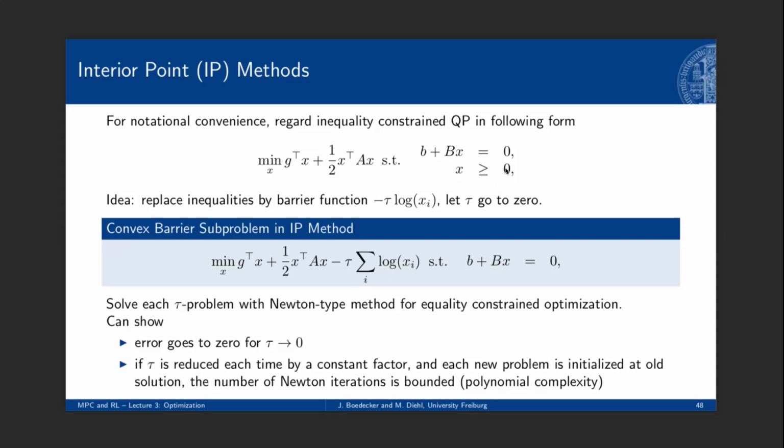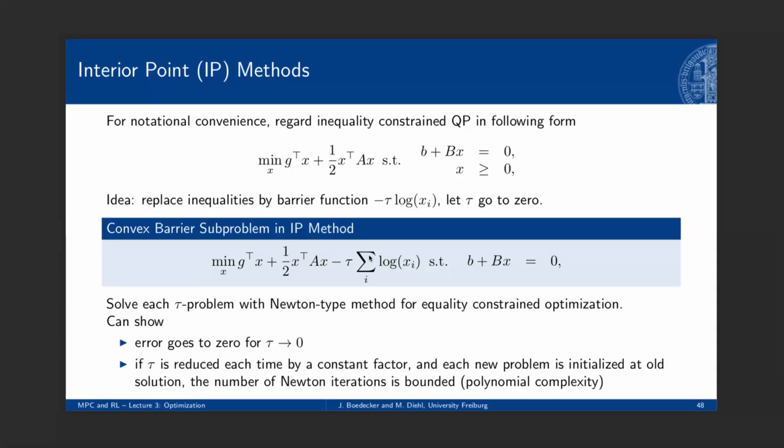And so now you have this convex barrier subproblem in the interior point method, which we see here in the middle, which just takes the original QP objective. It keeps the equality constraints because we said these are easy, but then it adds this convex penalty here. It's not a penalty, we call it a barrier, sorry. This convex barrier function here, and that will ensure that we will always stay in the feasible set, actually inside the feasible set.